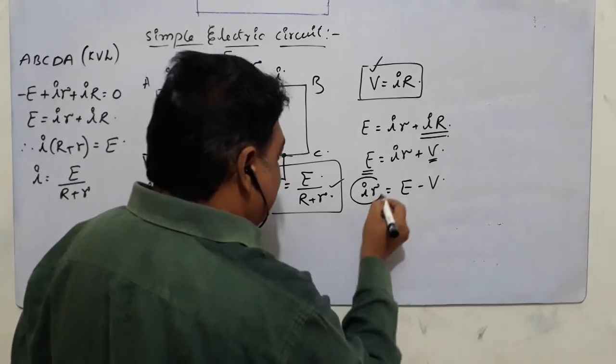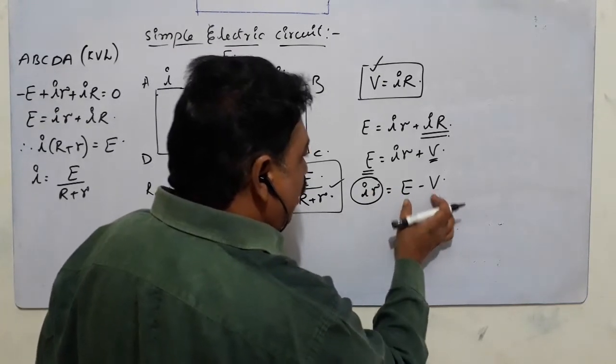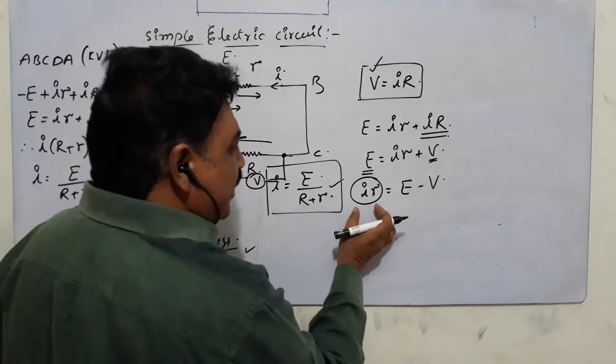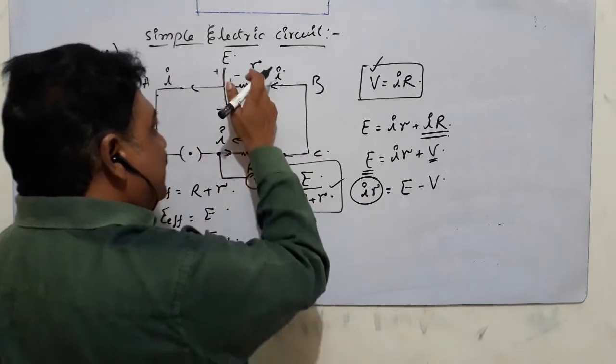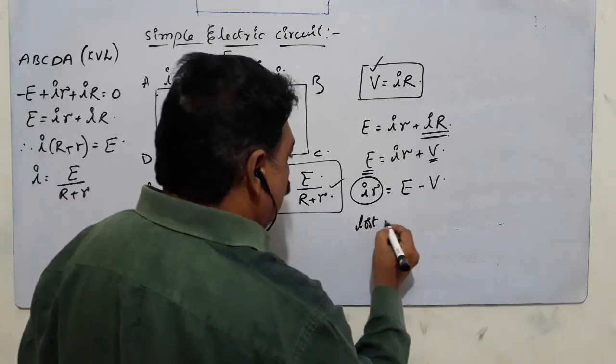Because of this internal resistance, some potential is dropped. Such a potential drop because of the internal resistance of the cell is called lost volts.